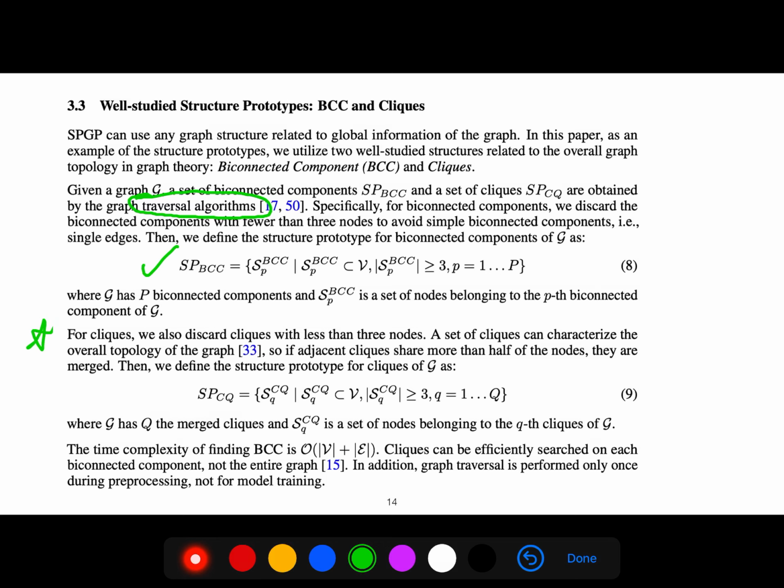Similarly, for cliques here, we also discard cliques with fewer than 3 nodes. So always we neglect those with fewer than 3 nodes. A set of cliques can characterize the overall topology of the graph. So if adjacent cliques share more than half of the nodes, they are merged. Then we define the structure prototype for cliques.